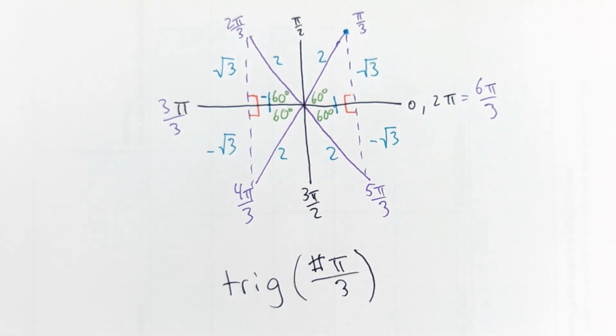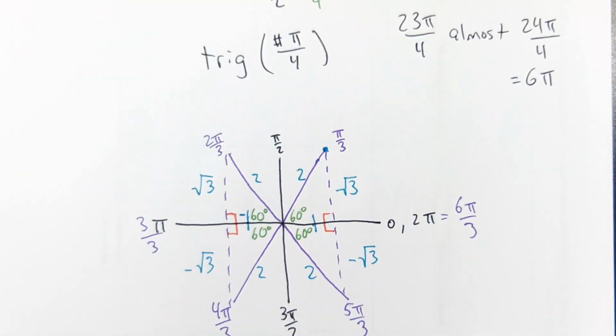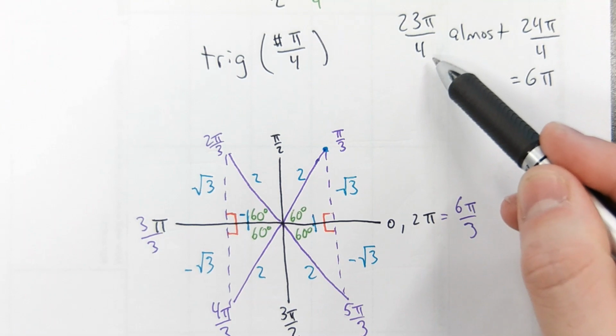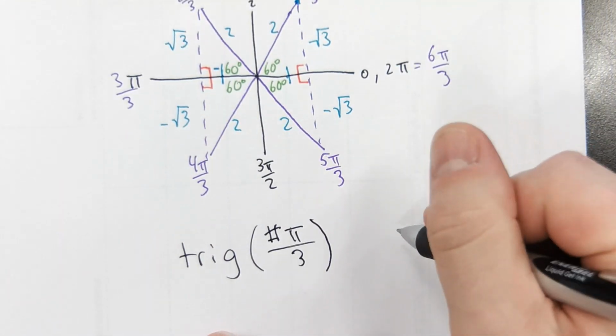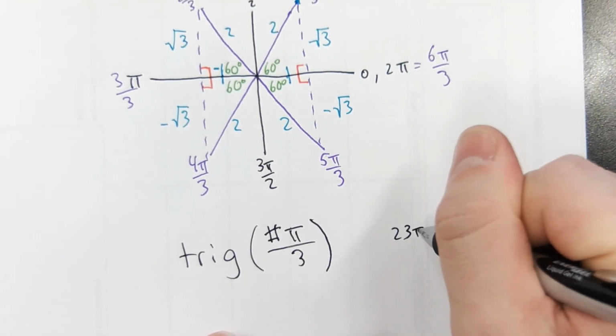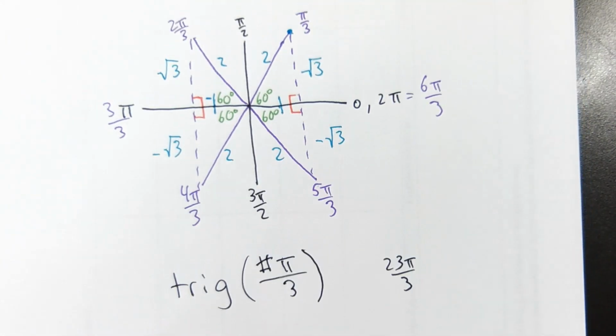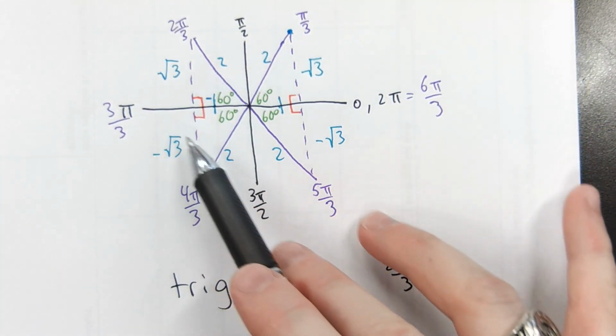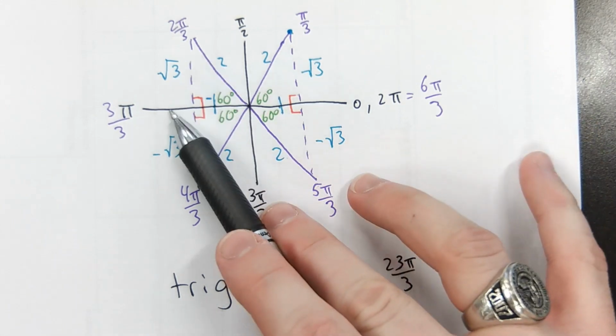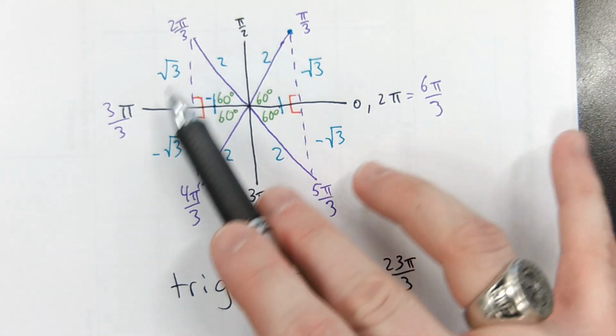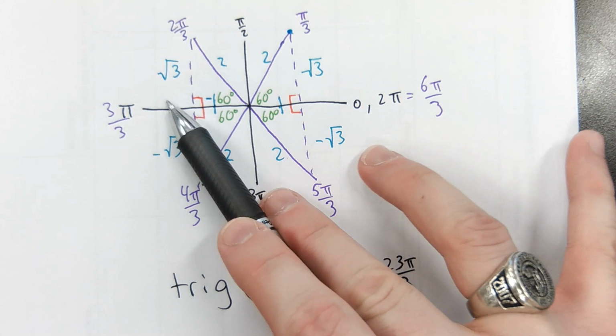How about 23 pi over 3? Again, we could count. Ready for this? 1, 2, 3, 4, 5, 6, 7, 8, 9, 10, 11, 12, 13, 14, 15, 16, 17, 18, 19, 20, 21, 22, 23.